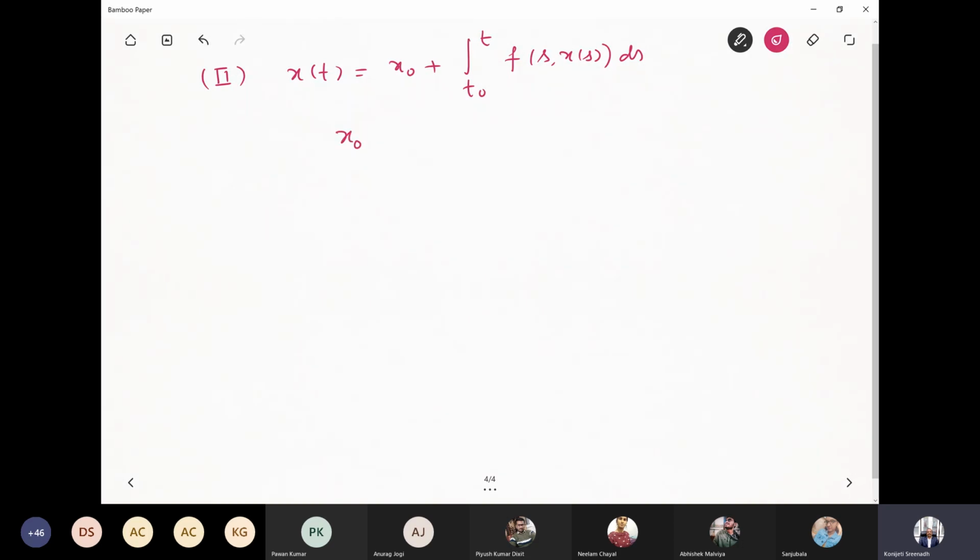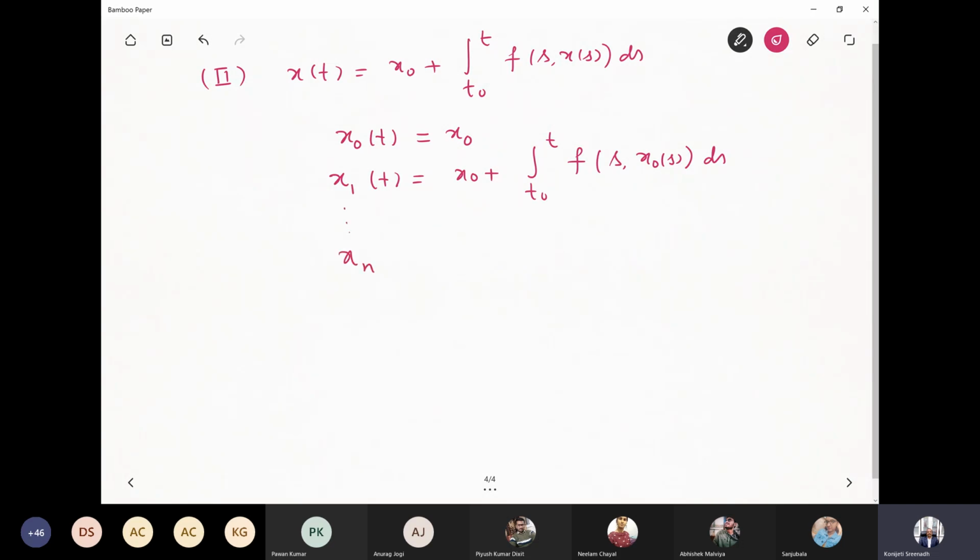So define the functions like this. Write x naught of t, which is x naught, simply a constant, the given initial value. Then I define x1(t) as x naught plus the integral from t naught to t of f(s, x naught) ds. That is, we found x naught and put it in this integral to get x1, and keep doing this.